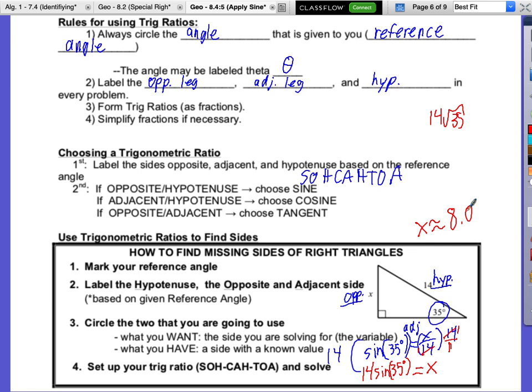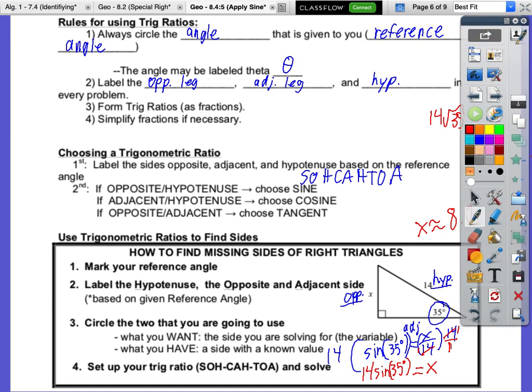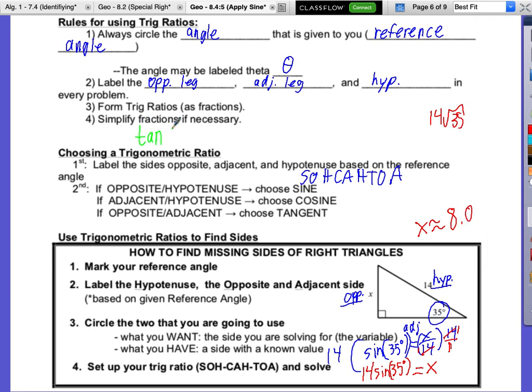Hey, real quick, I wanna do one more thing before we move on to example 2. I want everybody to find the tangent of 45 degrees rounded to 4 decimal places.